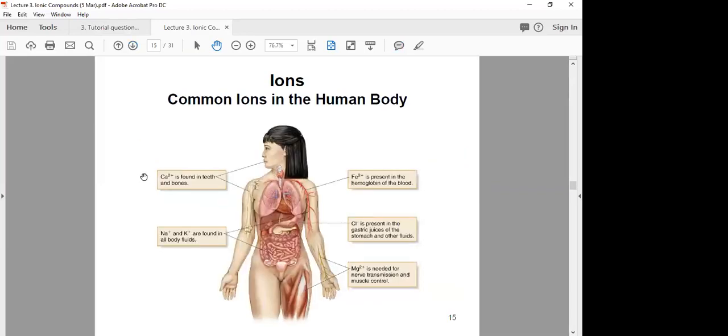All right, just briefly, let's look at some of these ions. Here it's shown in the human body, but this applies equally to other animals and also to plants as well. The calcium cation, Ca2+, is found obviously in teeth and bones, but calcium is also an important signalling molecule in plants, very important signalling ion in plants, which you'll learn about next year.